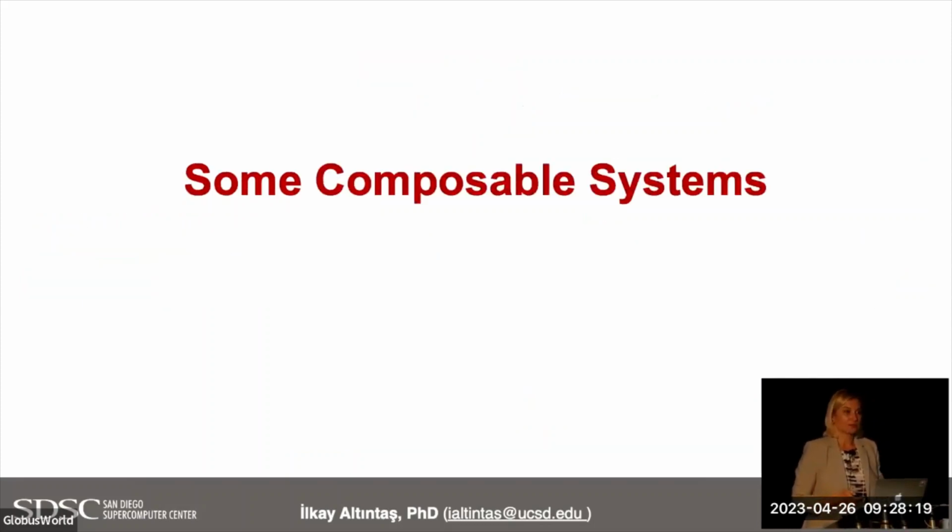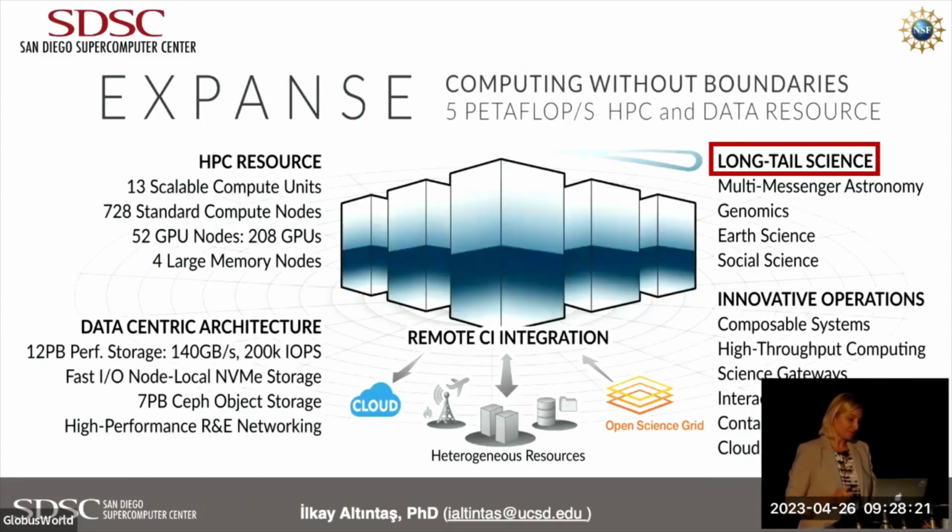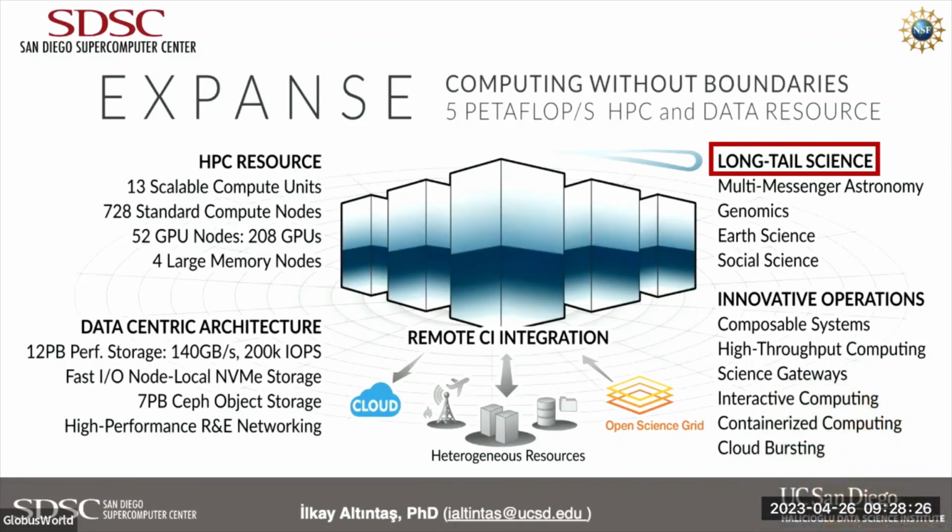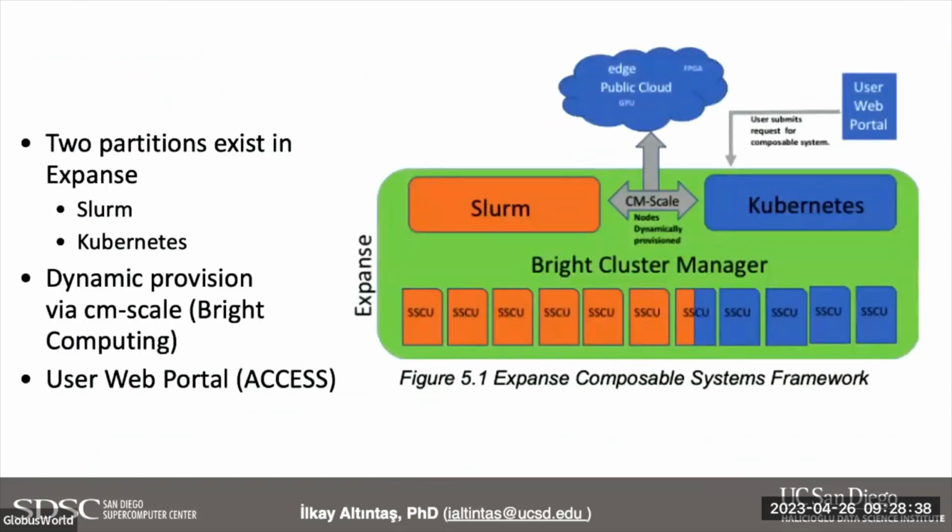So some composable systems: Expanse at SDSC actually has a composable systems functionality. In addition to some other things like gateways and cloud bursting through Slurm, we reserve a part of Expanse as a Kubernetes pool.